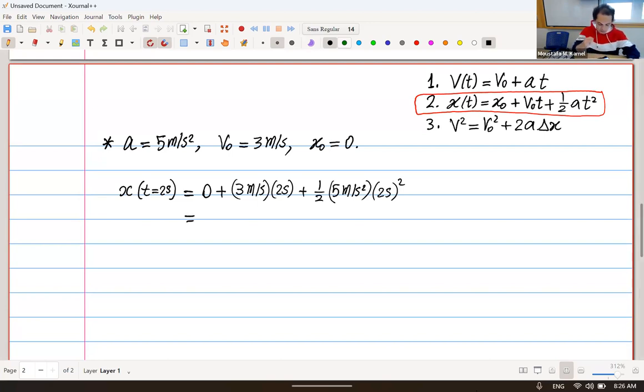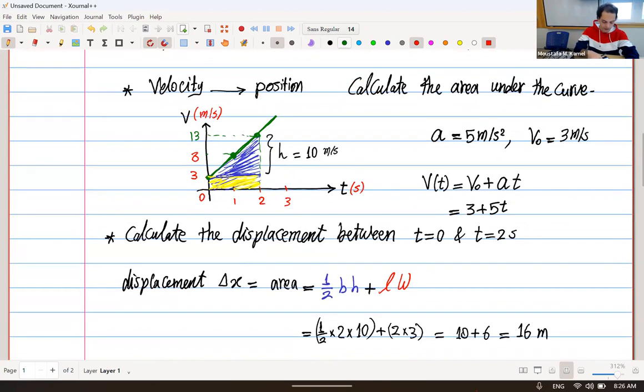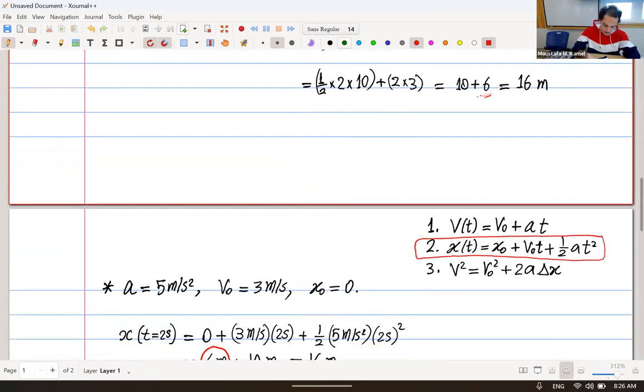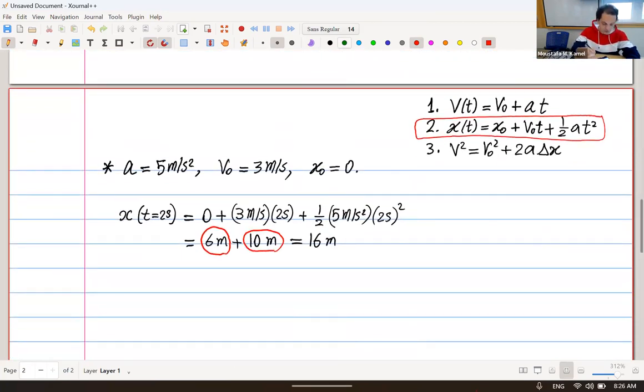If you put that on a calculator, that gives you 6 meters plus 2 squared is 4 times 5 is 20, half of that is 10 meters, and then we get 16 meters back. And you can see that these 6 meters correspond to the area of the rectangle at the bottom, the yellow rectangle, and the 10 meters correspond to the area of the triangle. So we get the same result by using the kinematic equations or by using graphical methods.